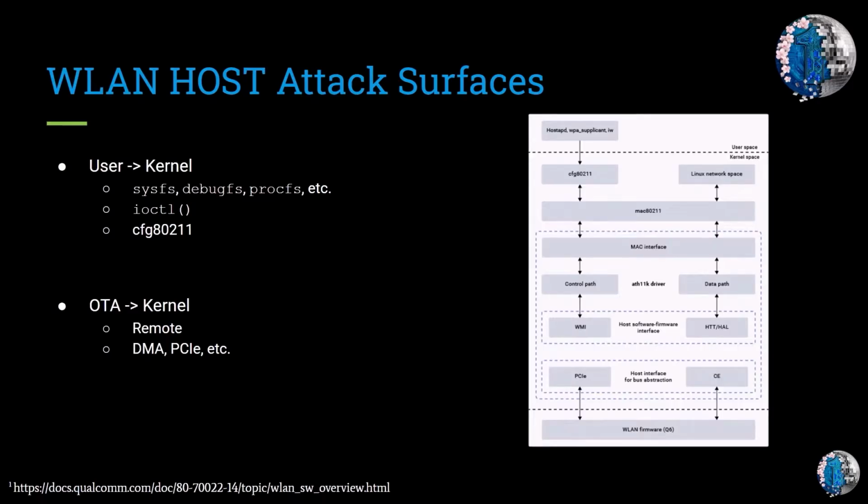Those are mostly used to configure WLAN, do interface management, scan the network, associate, disassociate, auth, deauth, stuff like that. And then maybe do more advanced things like, say, I want to blacklist this SSID, or I want to look at these channels, et cetera, et cetera.